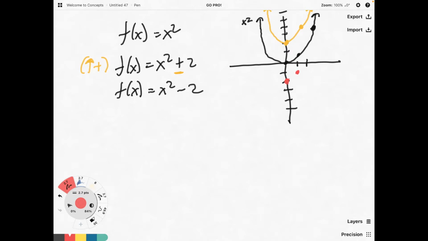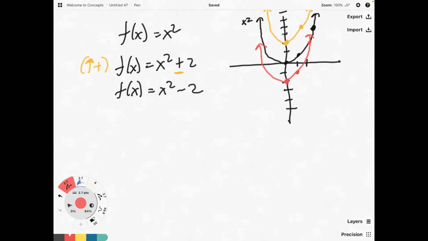Similarly, if we put in 2, that's going to give us a value of 2, which is going to go right here. So this graph is going to follow this path, which again is the exact same shape as our original function of x squared.